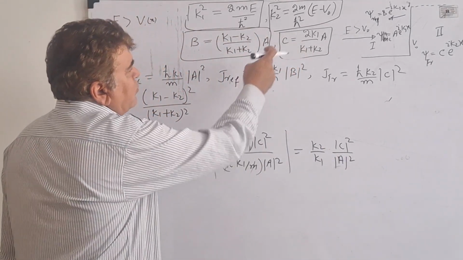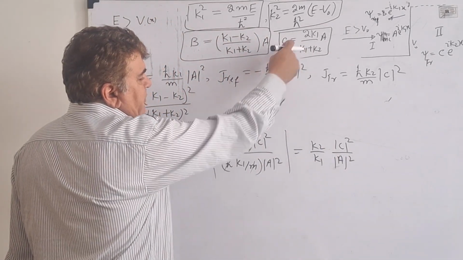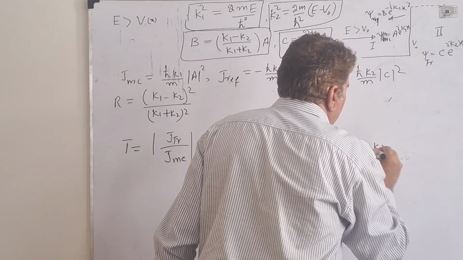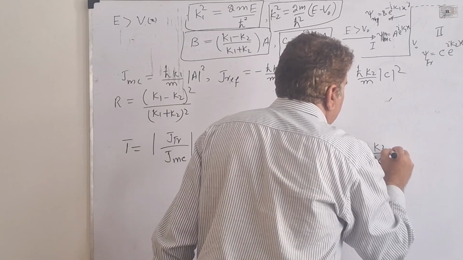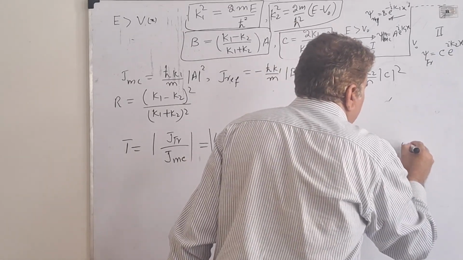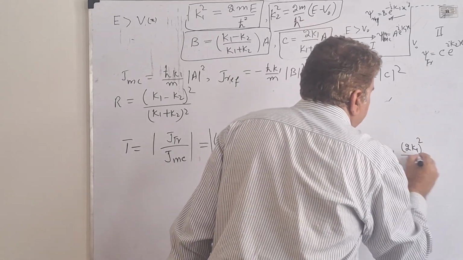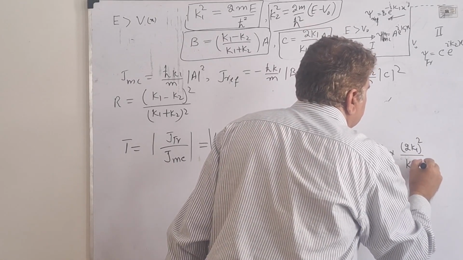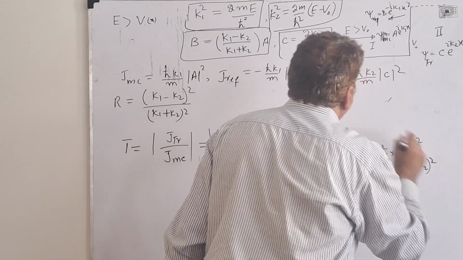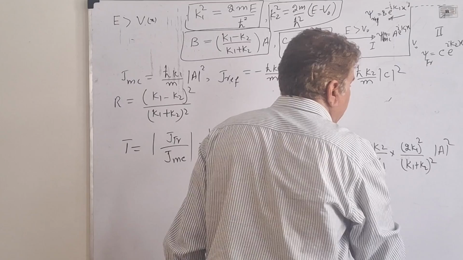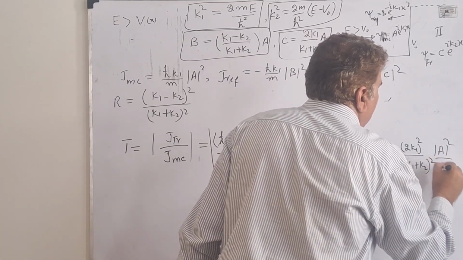And now, if I use the value of mod C squared from this equation, I can further write this as k2 divided by k1, and mod C squared would become (2k1) whole squared divided by (k1 plus k2) whole squared, and then mod A squared divided by mod A squared.